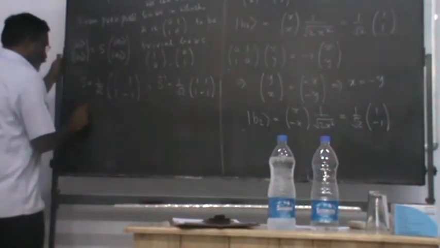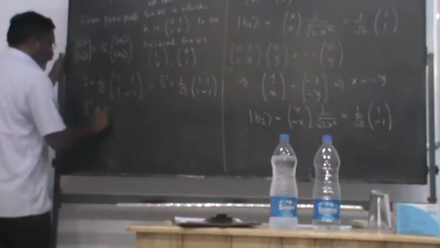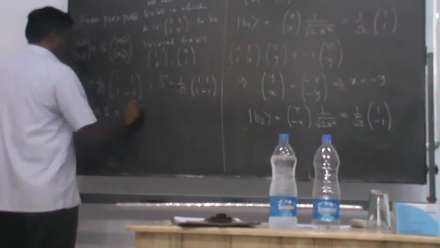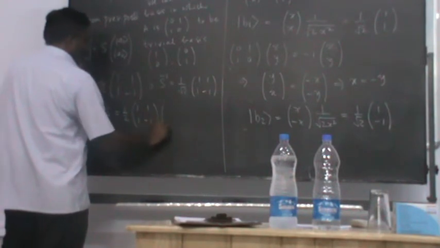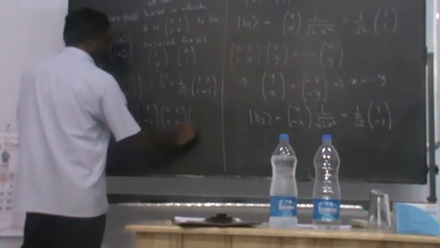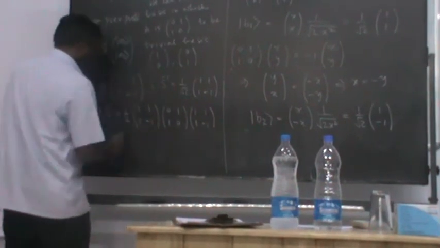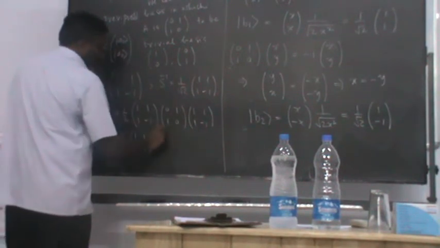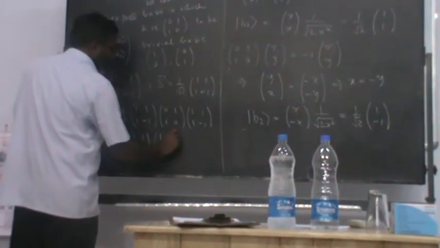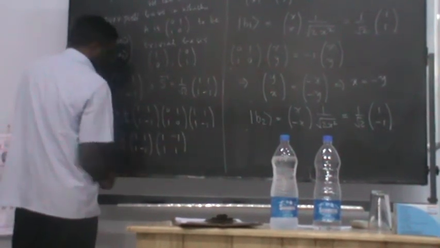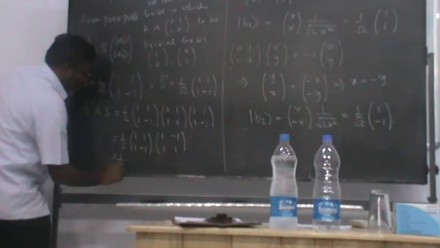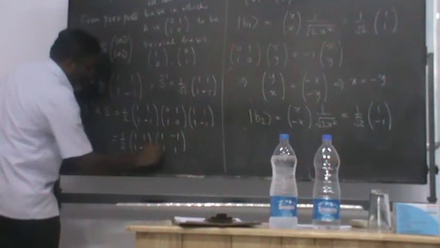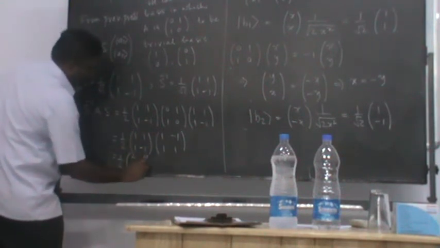Then ask what is S inverse A S, that is equal to 1 by 2 into 1, 1, 1, minus 1, times 0, 1, 1, 0, times 1, 1, 1, minus 1, that is equal to 1 by 2 times 1, 1, 1, minus 1 times 1, minus 1, 1, 1, that is equal to half of 2, 0, 0, minus 2.